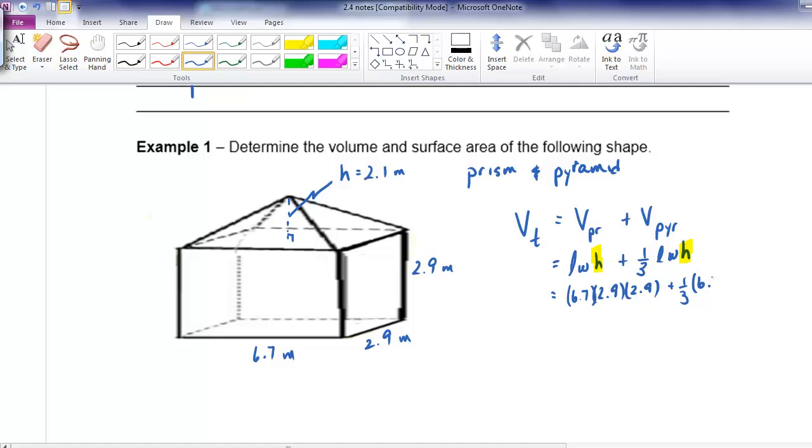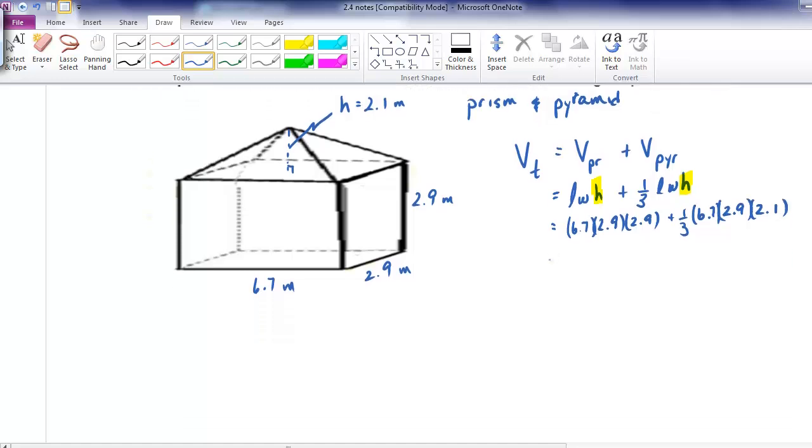Our length of the base of our pyramid would be 6.7, the width of our pyramid would be 2.9, and the height of our pyramid would be 2.1. And when we plug all of that nasty mess in our calculator, we get 69.9 cubic meters.